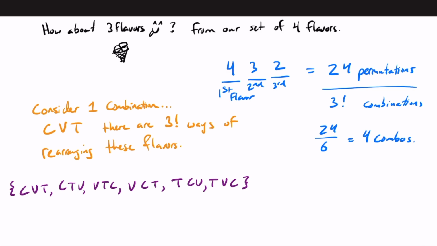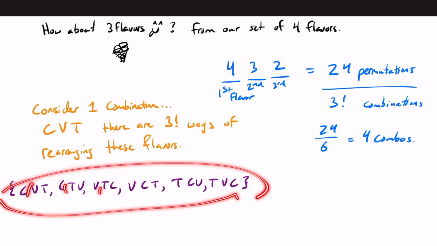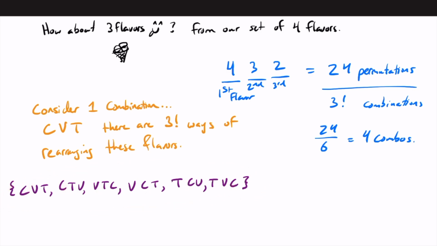So the solution here was to divide the 24 possible permutations that we could have gotten by 3 factorial, which was an adjustment for the repeated permutations that we saw. So these are the possible repeats, these 1, 2, 3, 4, 5, 6.